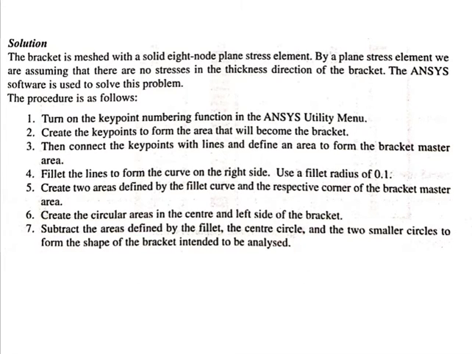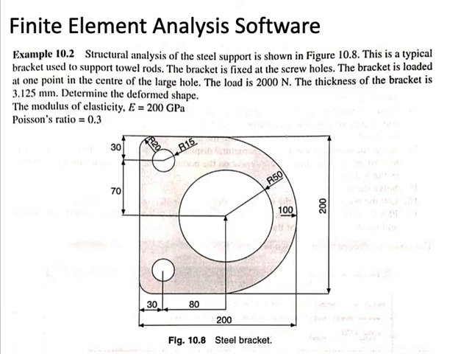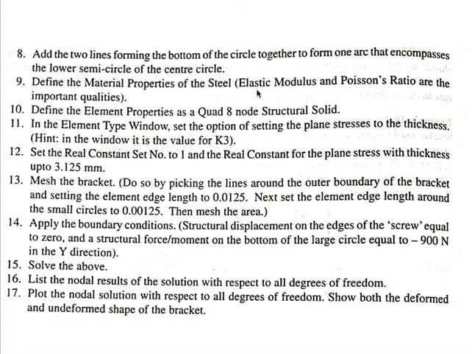And then next step, add the two lines forming the bottom of the circle together to form one arc that encompasses the lower semicircle of the center circle. Define the material property of the steel, which kind of material you are going to make this part, and select that for steel.